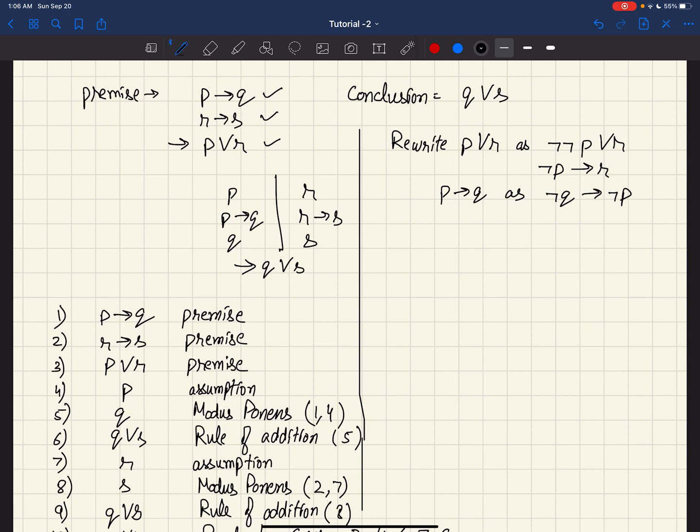Okay, let's start now. Our first step is P implies Q, which is a premise. The second step is R implies S, again a premise. The third is P or R, a premise again.